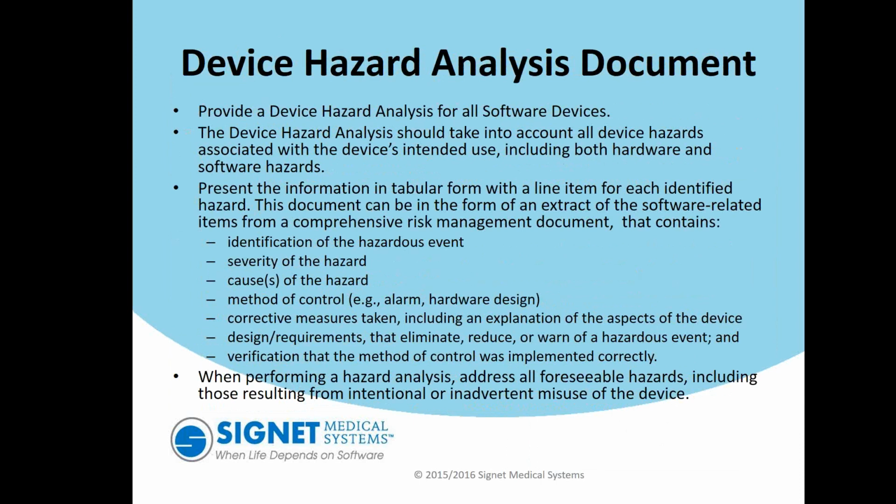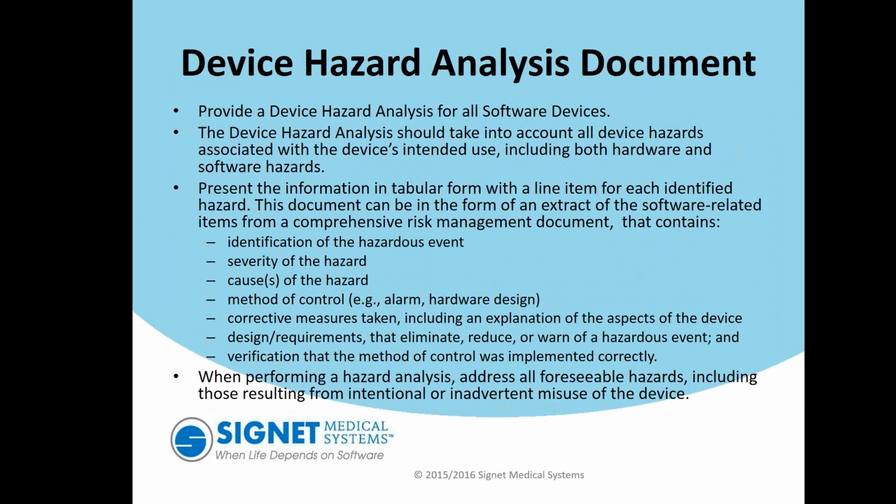And here's what should be in the documentation: identification of the hazard event, severity of the hazard, causes of the hazard, methods of control, either an alarm or a hardware design, corrective measures taken, including an explanation of the aspects of the device design requirements that eliminate, reduce, or warn of hazardous events, and verification that the method of control was implemented correctly.